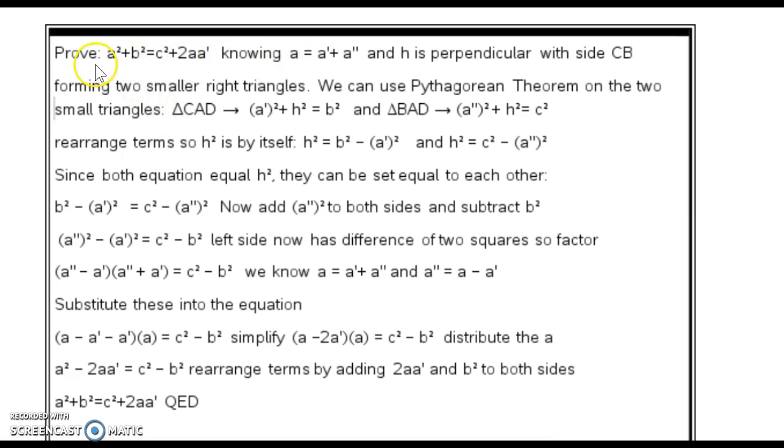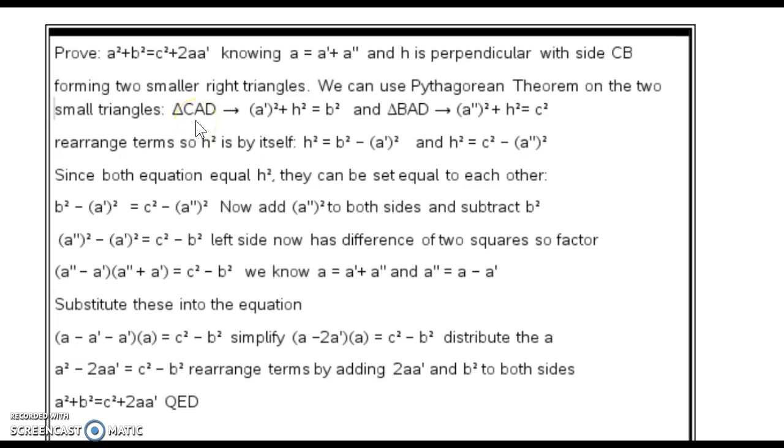And so I restated it up here at the top that we are to prove this, knowing that H is perpendicular to side CB, forming the two smaller right triangles. So I set about to use the Pythagorean theorem on both of the small triangles.